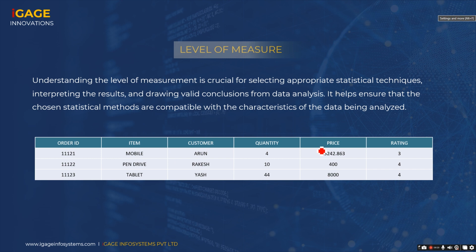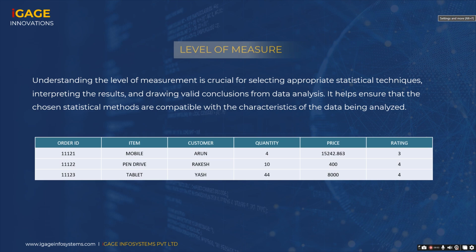We have order ID, item, customer, quantity, price, and rating. Now the variable item is nominal in nature, we cannot rank them.